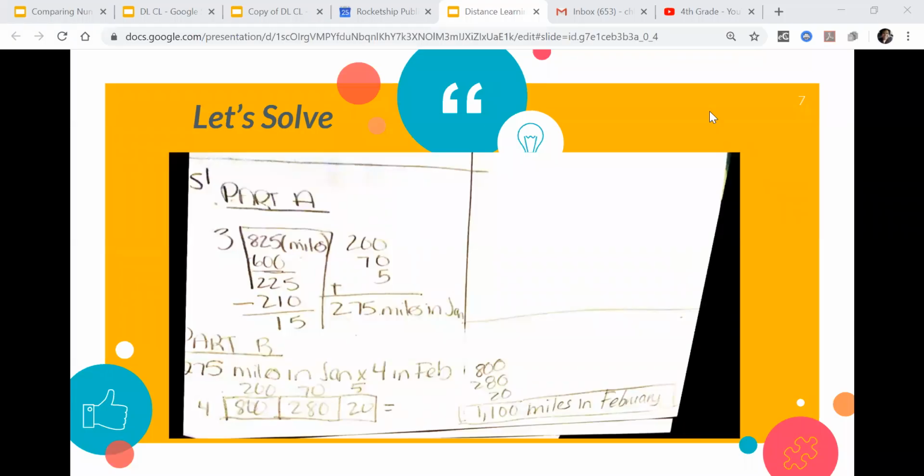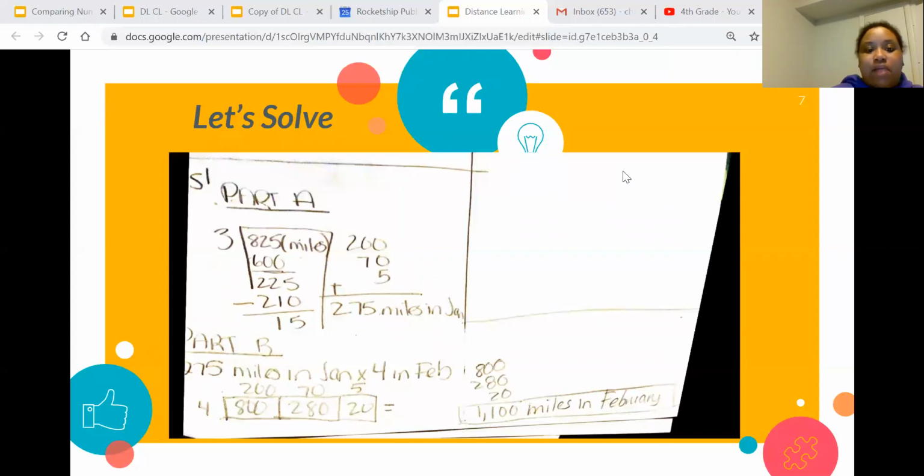By labeling in real time, as I was actively completing my Foursquare, it helped me organize my thinking on how to solve this answer. It also reminded me of what I am solving for. I divided 825 miles by 3 to find my quotient of 275 miles, which represents 275 miles in January.